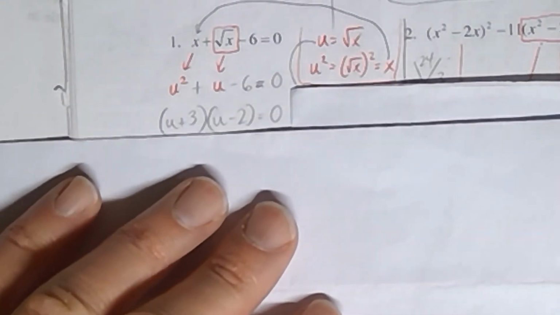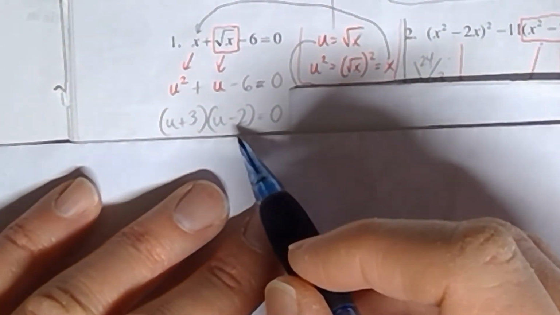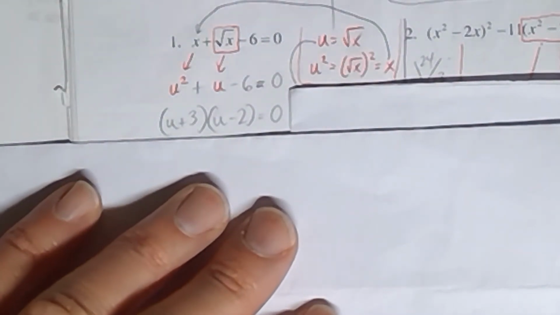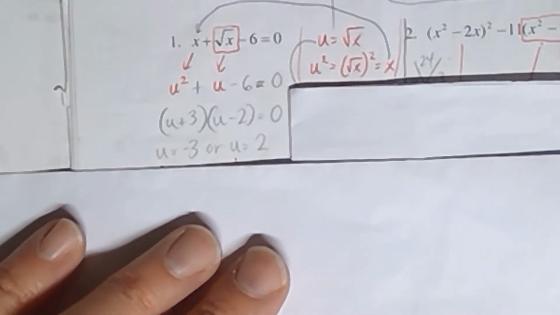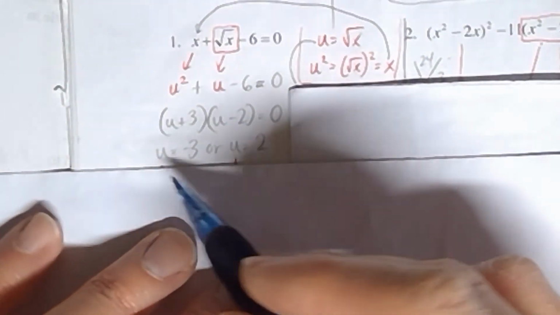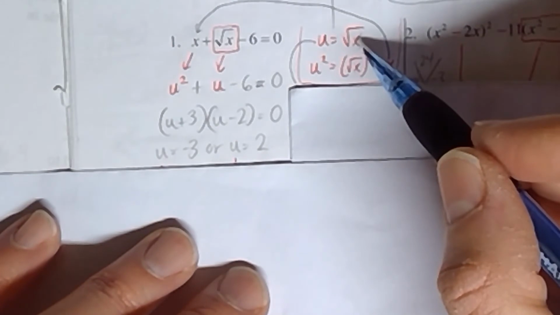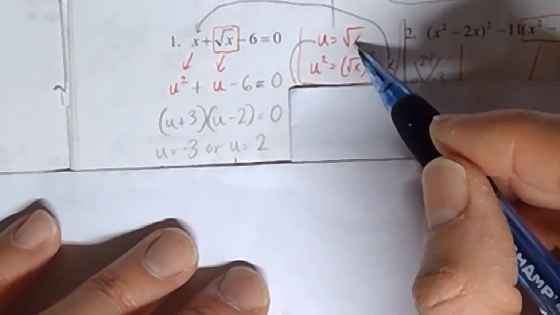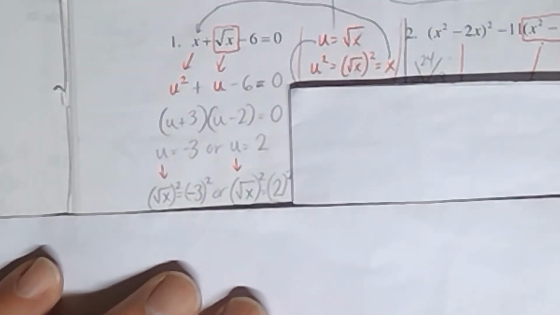We then solve that equation using the Berry method here because it's set up like a Berry method situation. Solving that, I get 2 answers here, negative 3 and 2. Like I always do after I solve for u, I then go back and replace the u with square root of x, because that's what u is equal to in this problem. There it is right there.